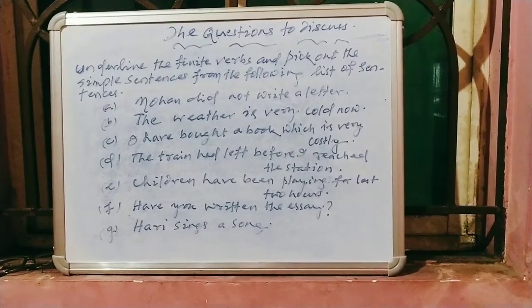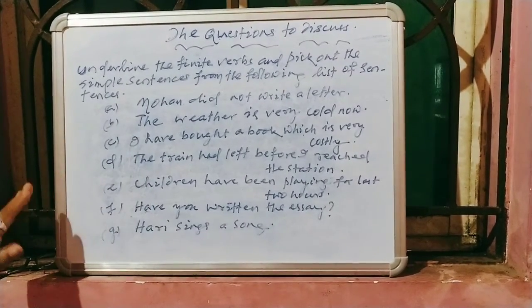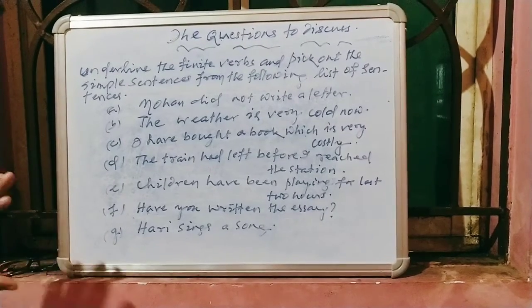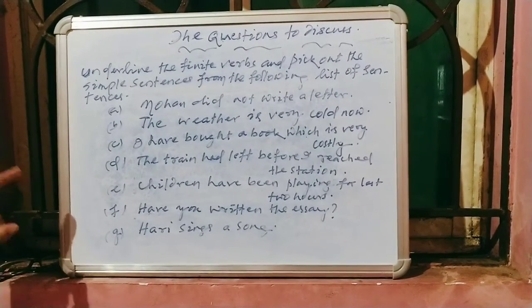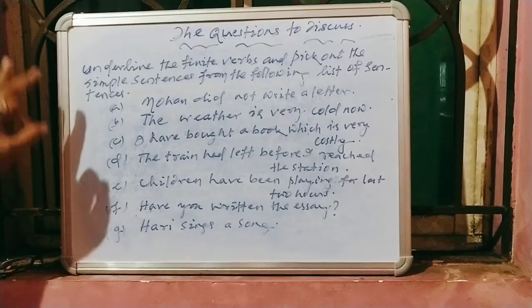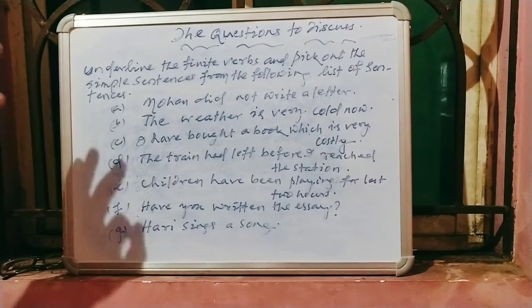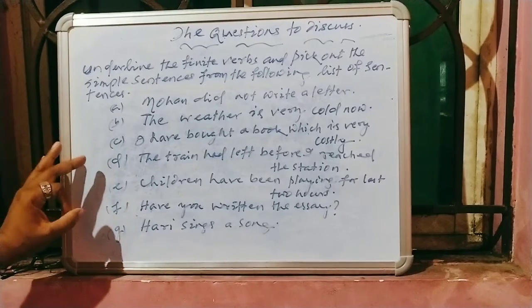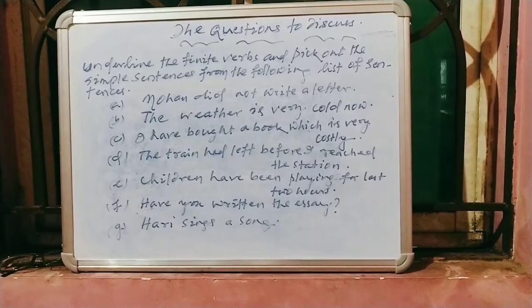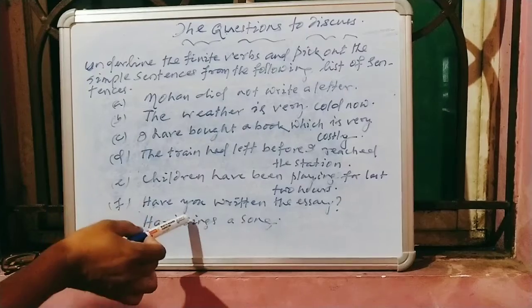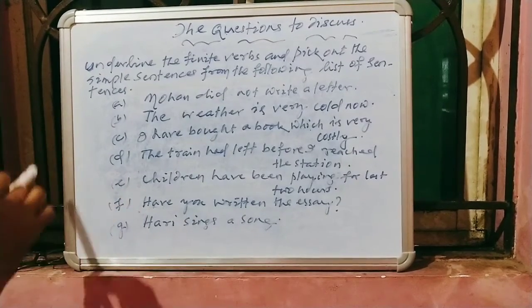Clear? So we have already discussed very keenly, very perfectly, very systematically the finite verb and the simple sentences from among the 7 sentences I have written before you all. Thank you very much.